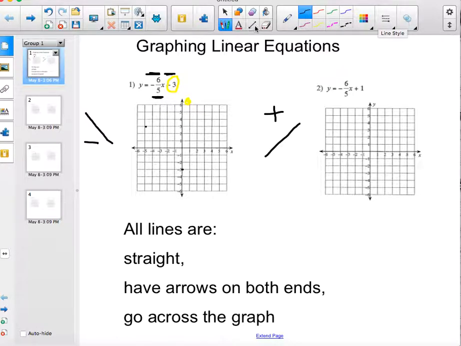Because I'm using the smartboard to do that, I'm just going to draw the line in like this. And then to finish that off, as you'll see, I have a straight line. I now have to draw arrowheads on both ends. And I'm done.